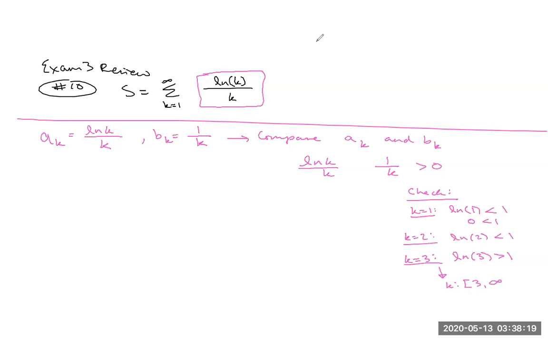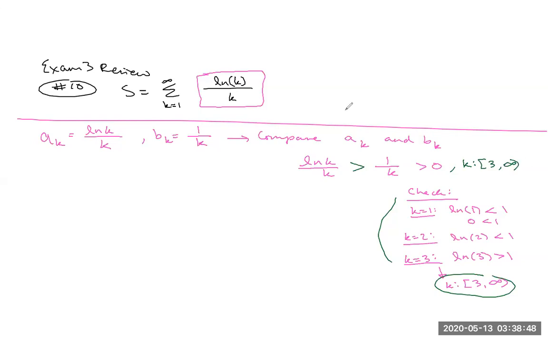Okay, so what we find here from this information in this chart is that ln k over k will be greater than 1 over k for k between 3 and infinity.